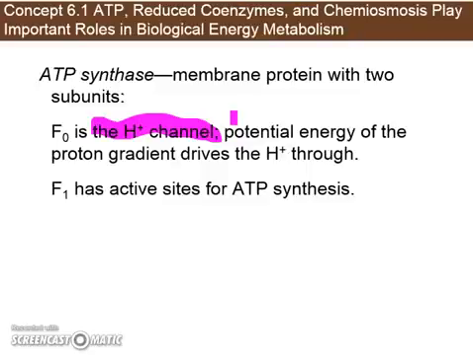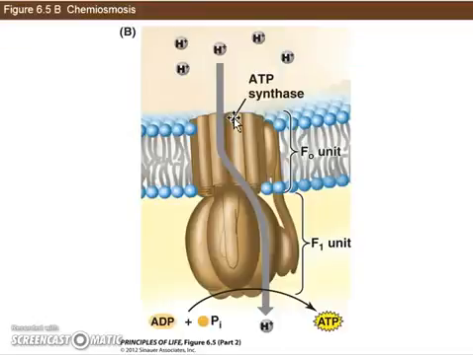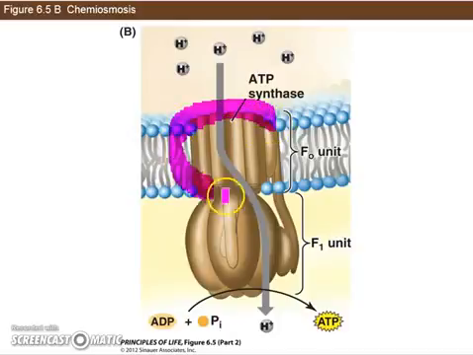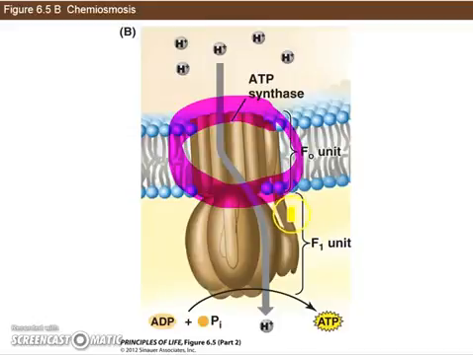Just like any other protein or enzyme, there's an active site where the action happens, where ATP synthesis is actually going to occur. So there we go. A deeper look at the chemical structure of ATP synthase. This is where the hydrogen ions go through the channel, the F sub 0 unit. And then this is the part that actually turns, and in turning, phosphorylates ADP into ATP.